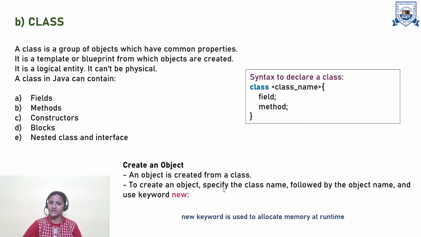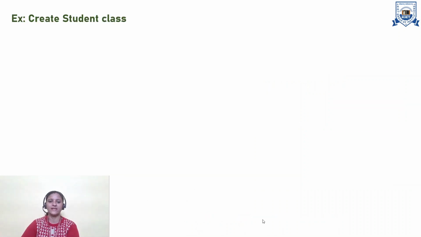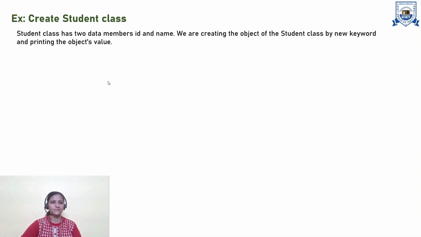To create an object, specify the class name followed by the object name and use the keyword new. The new keyword is used to allocate memory at runtime. Here we will take the example of creating a student class. The student class has two data members, ID and name. So ID and name are the fields or properties. We will create the object of the student class by the new keyword and print the object's values.